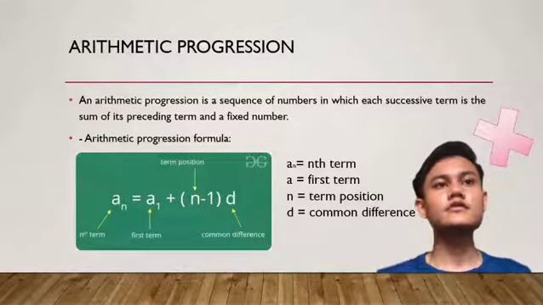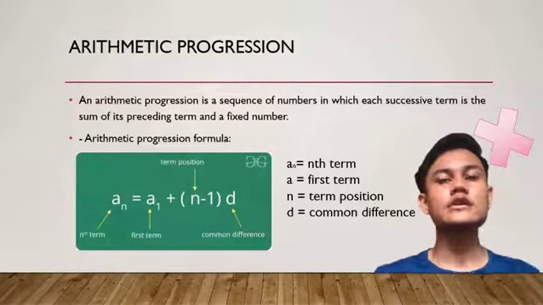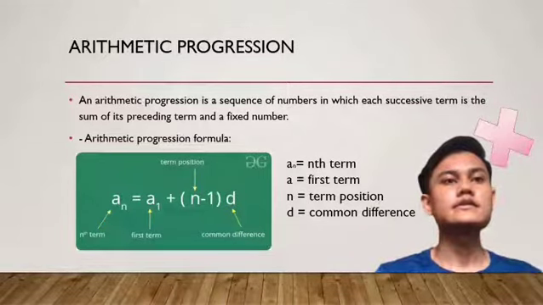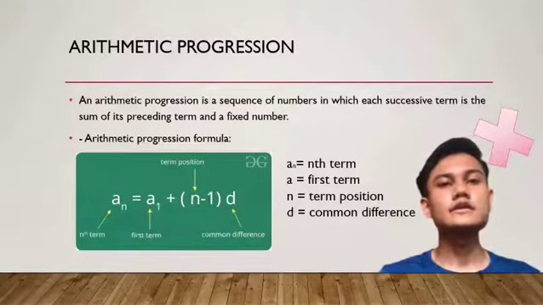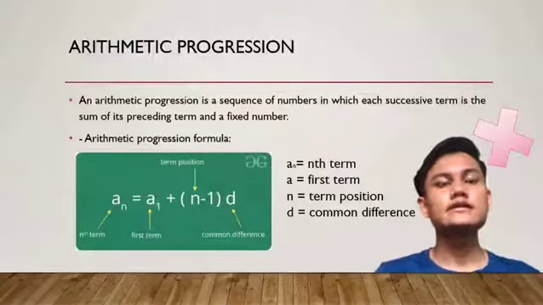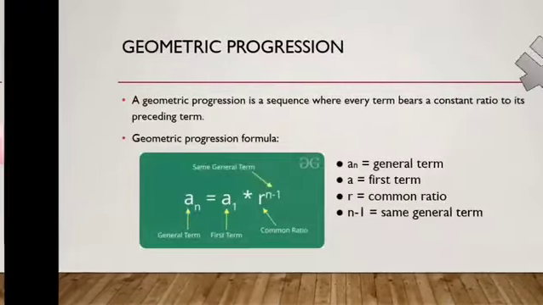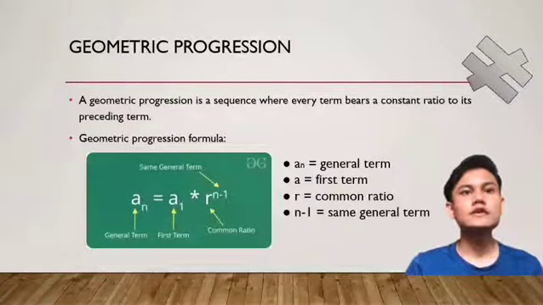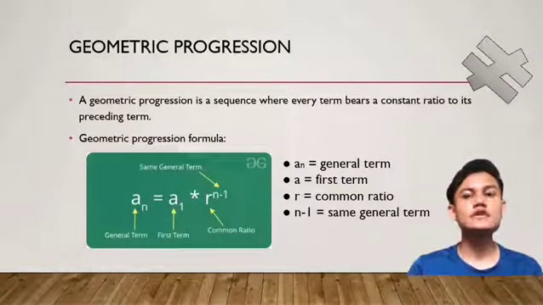The arithmetic progression formula is an equals a1 plus n minus 1 times d, where an is the nth term, a is the first term, n is the term position, and d is the common difference. For the geometric progression, a geometric progression is a sequence where every term bears a constant ratio to its preceding term.